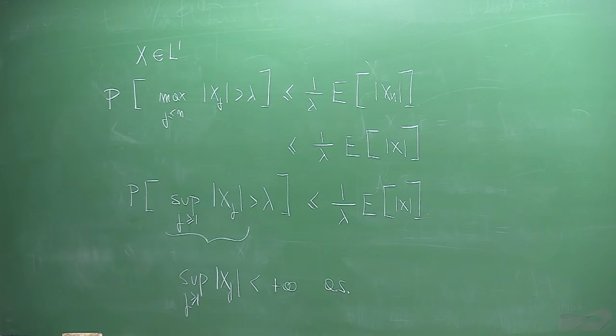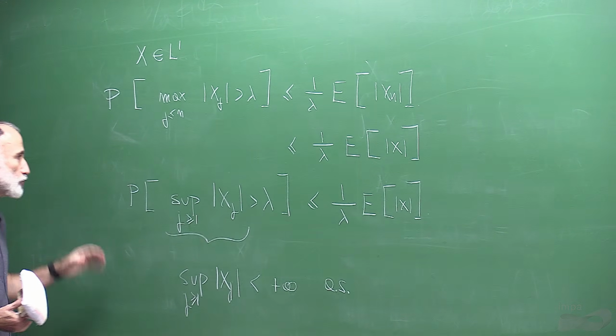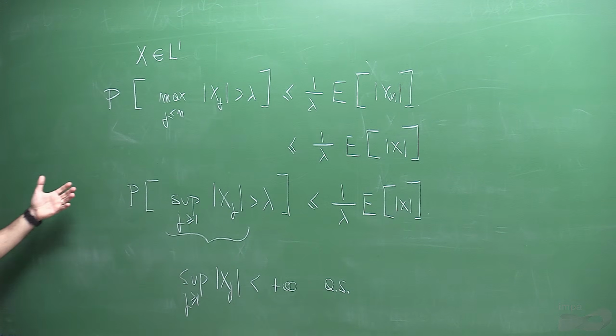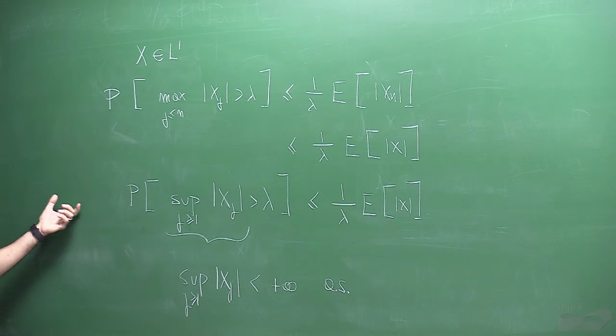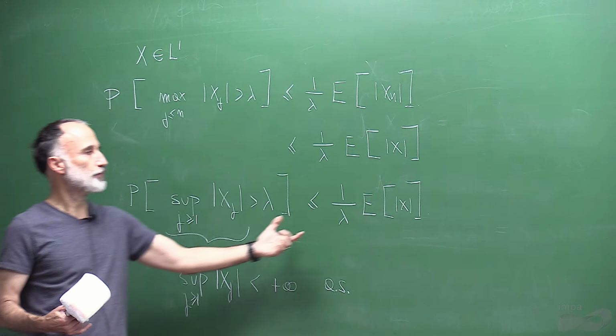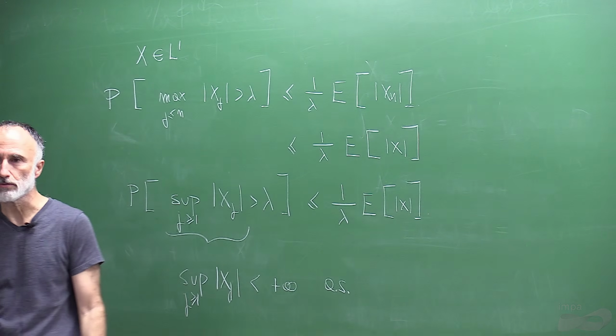Pretty strong. Okay, you agree with that? This is true for any lambda. So let me call B the set in which the supremum is plus infinity. The probability of B is bounded by that for any lambda, and if I take lambda to infinity, this is 0.